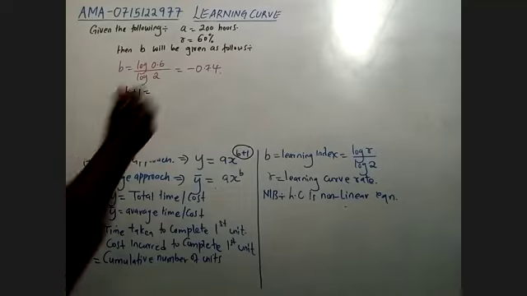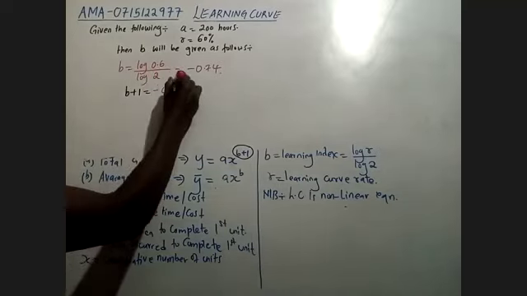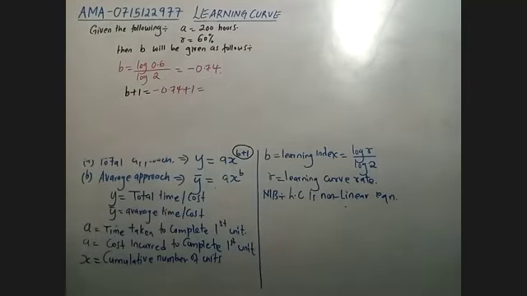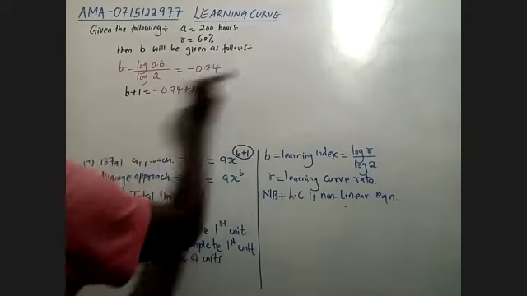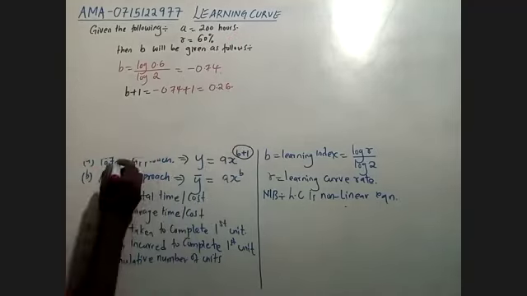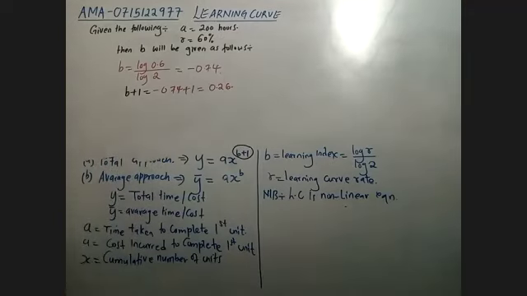So B plus 1 is minus 0.74 plus 1, inakuwa 0.26. So if you are using the total approach, remember you need to use that one.